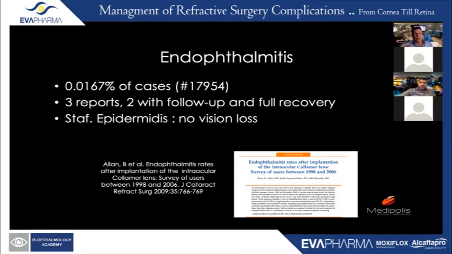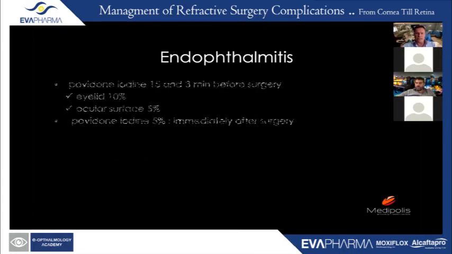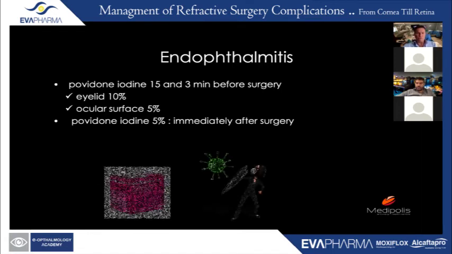As you know, we don't have to exchange the crystalline lens in these cases, and it acts as a barrier between the anterior chamber and the posterior chamber. That's why you don't have to fear endophthalmitis that much in phakic IOL implantation as with refractive lens exchange or cataract surgery, because you don't have that rapid exchange of organisms between the anterior chamber and the posterior chamber. This is why it is not so devastating as in lens or cataract surgery.